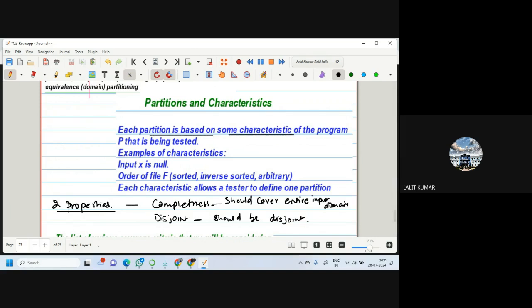For example, there is a method A. I can have different parameters to this. So these are the characteristics of this. And we make partitions on each characteristic. For example, I just covered age. There might be income, there might be gender. Depending on the domain, I make the partitions for each characteristic.